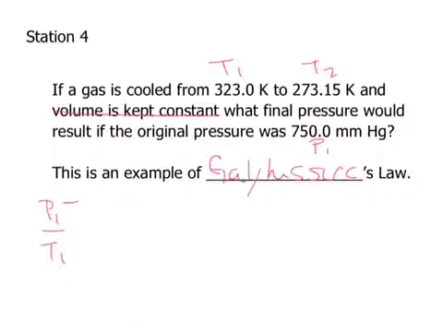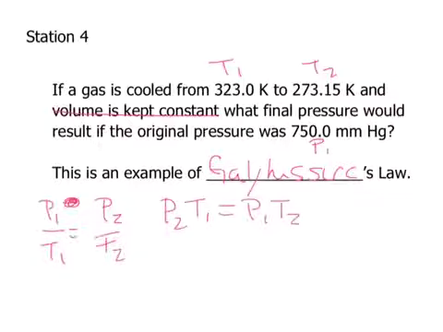All right. So in this case, sorry, I'm trying to get my pencil to work. This equals P2 over T2. All right. So we're going to cross multiply: P2 T1 equals P1 T2. In this case, we are looking for P2, so divide by T1, divide by T1, cancel, cancel, and let's fill these in.